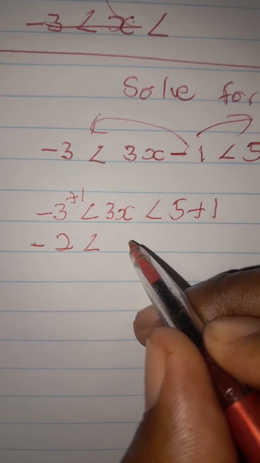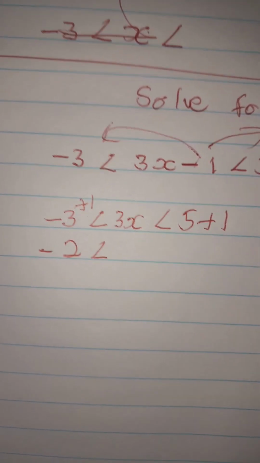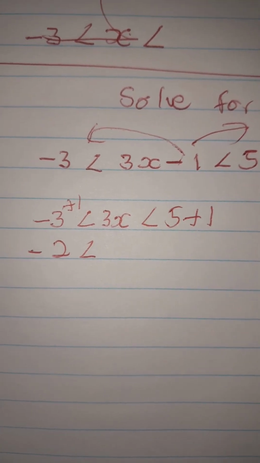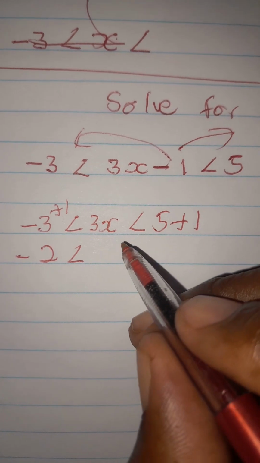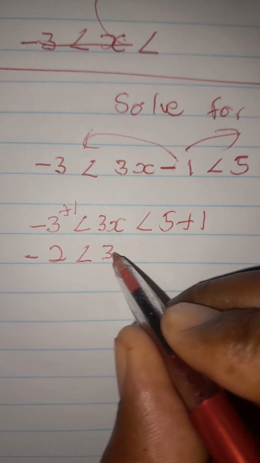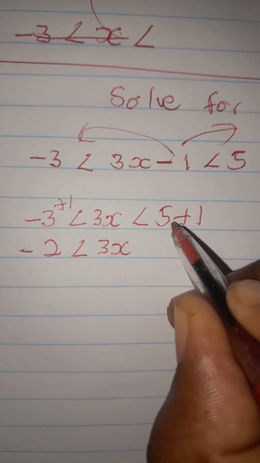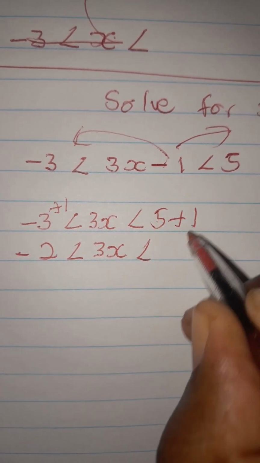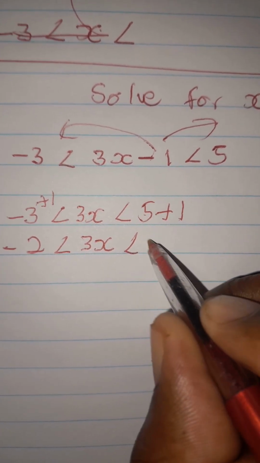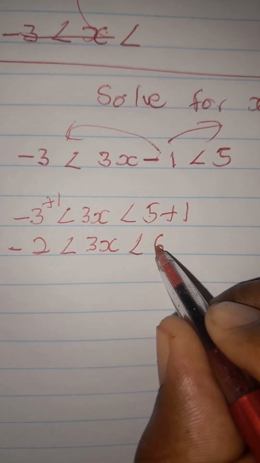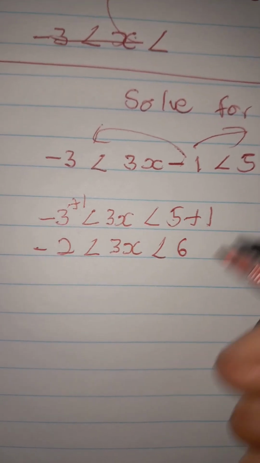So from here, we have 3x right here. And 5 plus 1 is the same as saying that will be 6, right? 5 plus 1 is 6.